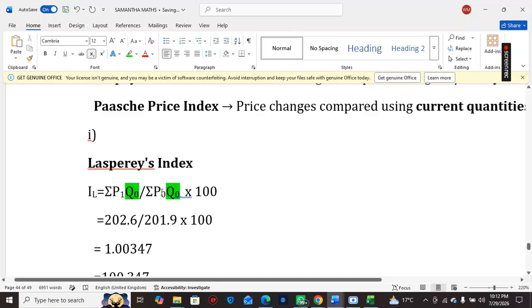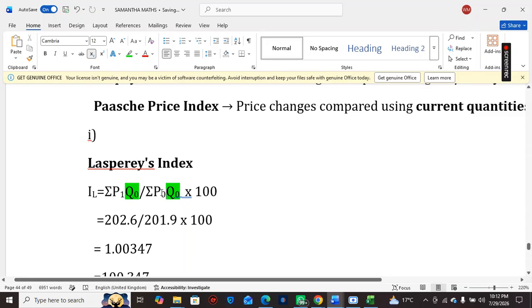Since we're measuring price change, the price is the only thing that's changing, as you can see, P0 here and P1. So with the Laspeyres price index, you're measuring price changes using the base year's quantities. We're using 2021's quantities to measure the price change. If we imagine people don't change how much they buy of a certain good, we want to see the effect of the price changes.